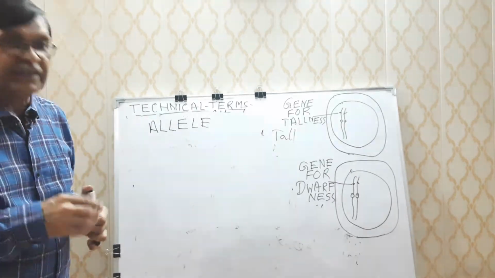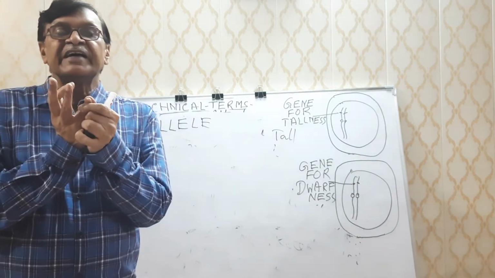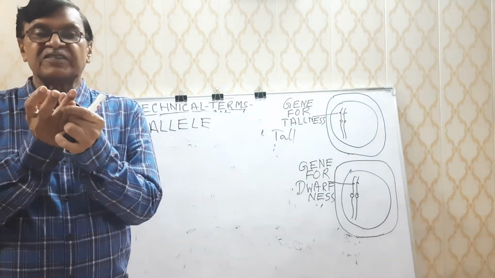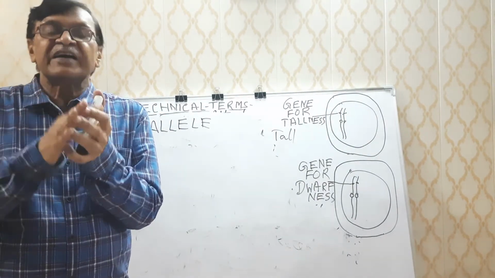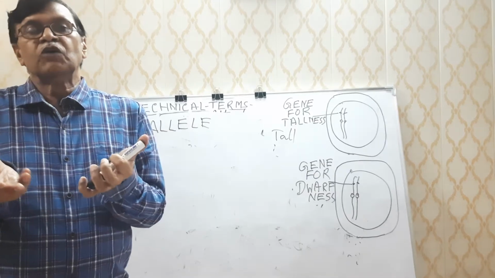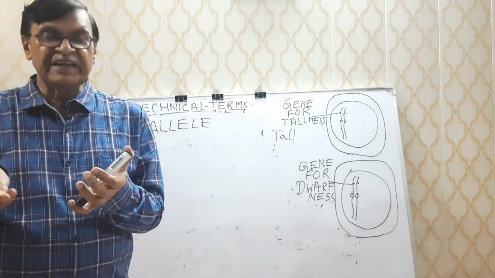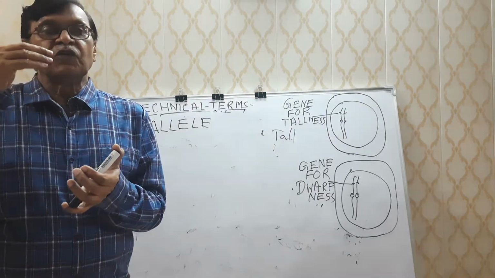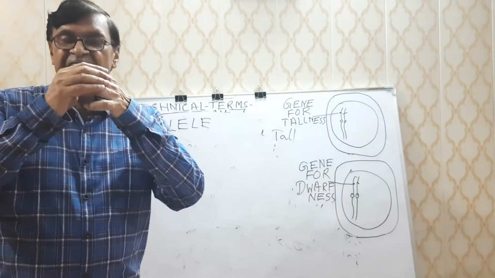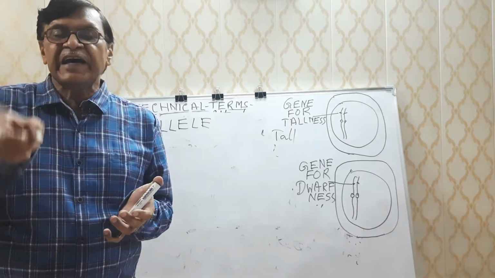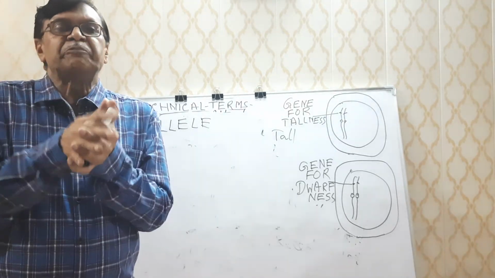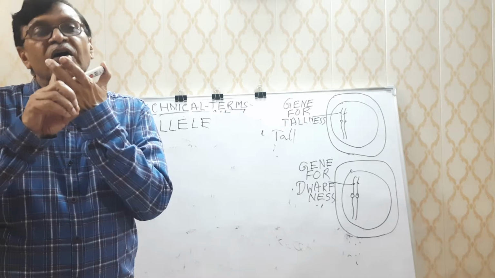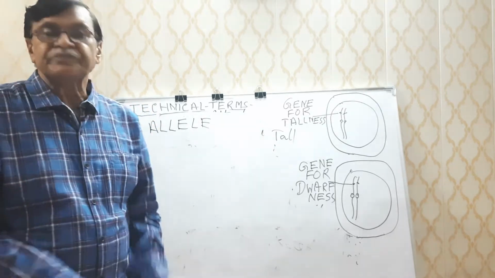Mendel had said that for each character there are two traits, a pair of contrasting characters. For example, for the length of the plant, it may be tall or dwarf. So tall and dwarf make a pair of alleles, or an allelomorphic pair.